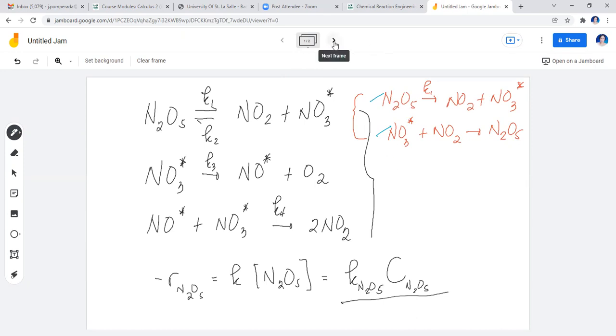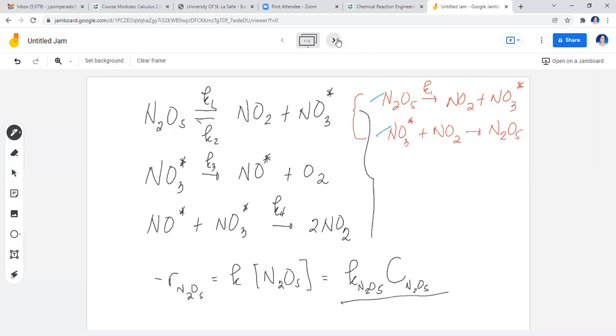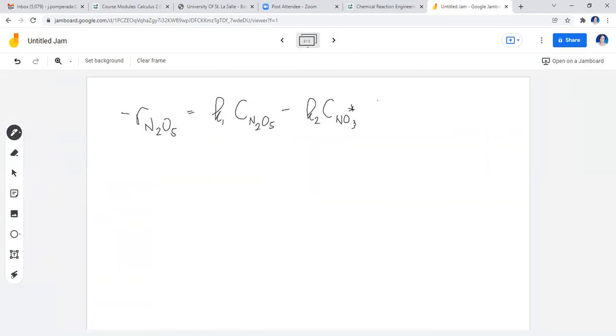So what I'm going to write now is k sub 2, concentration of NO3*, you see it here, and then concentration of NO2.